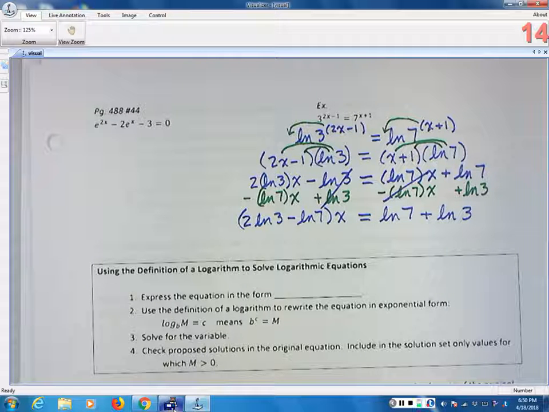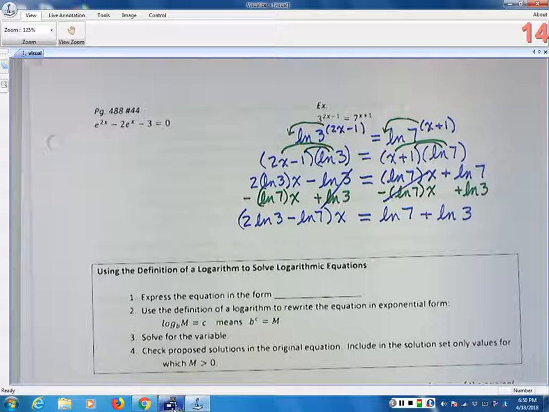It would be wrong to write that. So just don't do it: natural log of 7 plus natural log of 3 is not equal to natural log of 3 plus 7. That's not the rule. It's times.